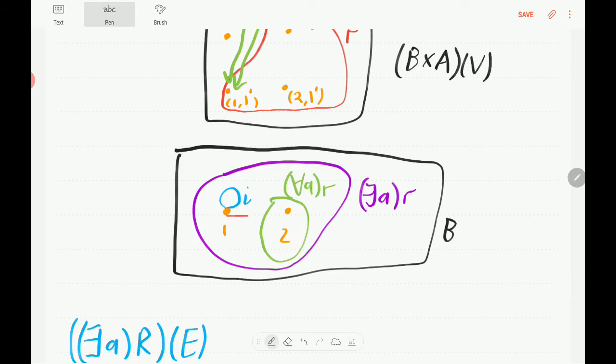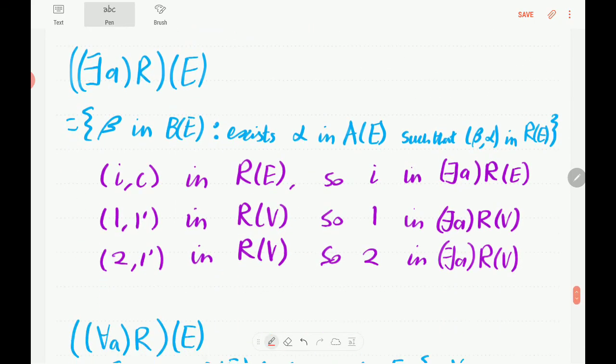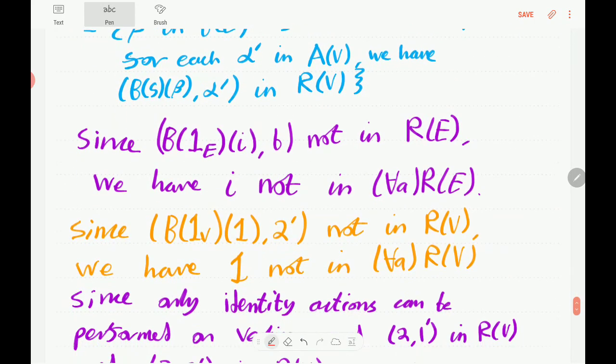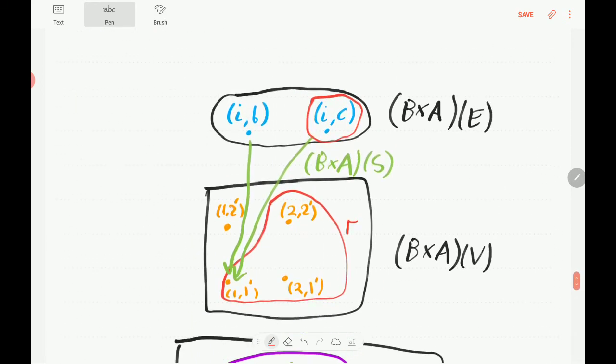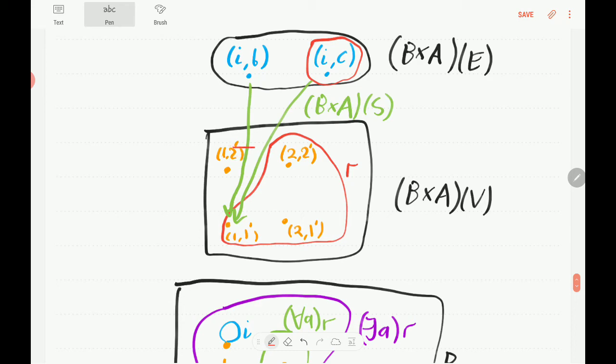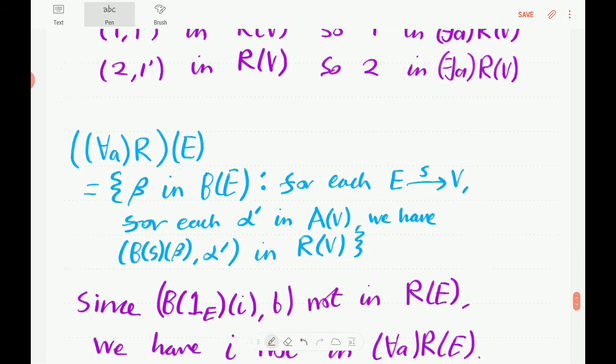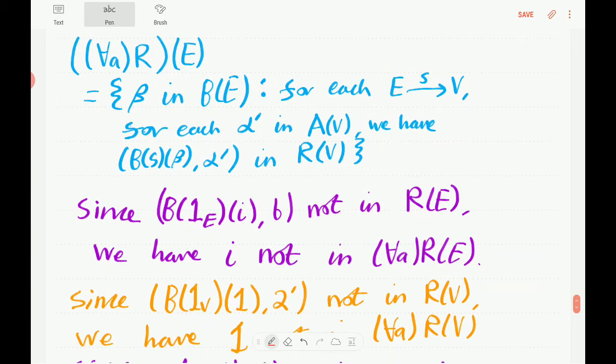How about vertex 1? Why is that not in for all AR? Well, the reason for that is that basically we don't have (1, 2 dash) in R. Okay, you see this is not in R. So vertex 1 is not in R relation with this member 2 dash of A, and therefore vertex 1 is not in for all AR.